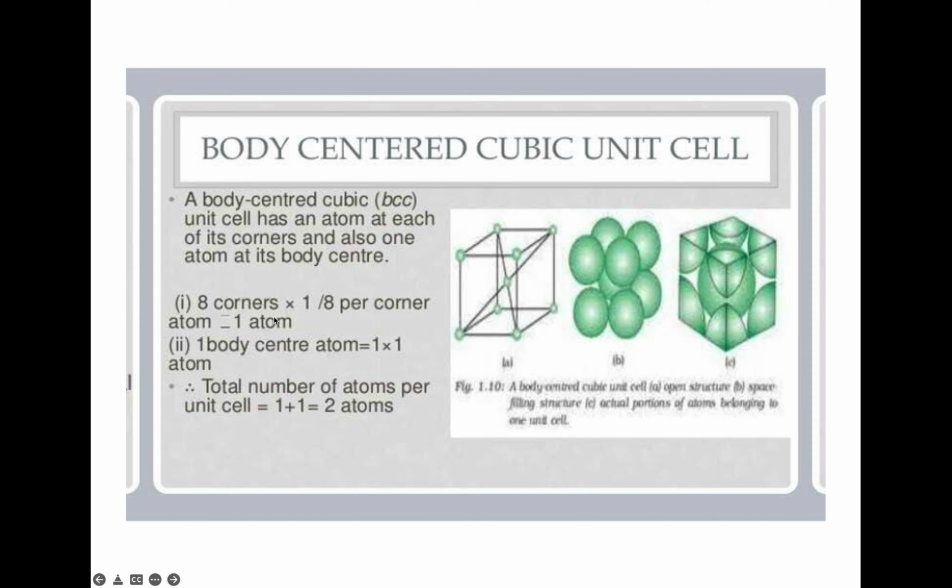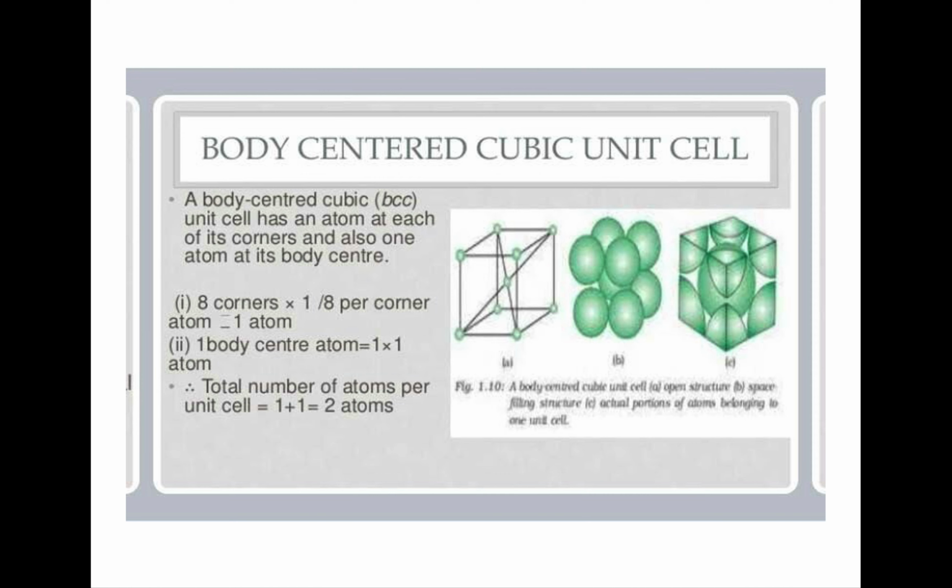Next is 1 body center atom, so 1 into 1 is 1. So the total number of atoms per unit cell of BCC, body centered cubic, is 1 plus 1, 2 atoms. Remember this calculation.